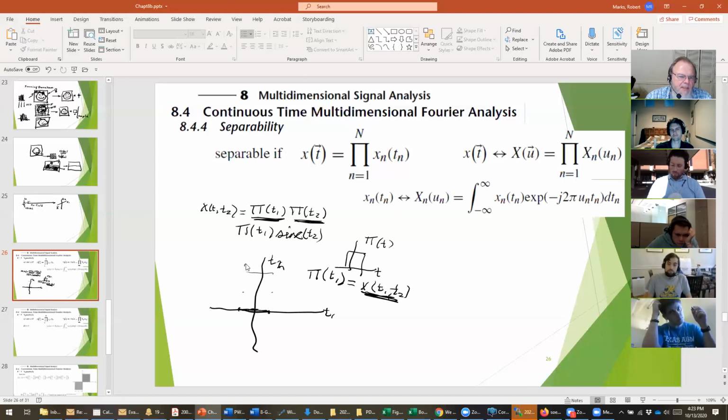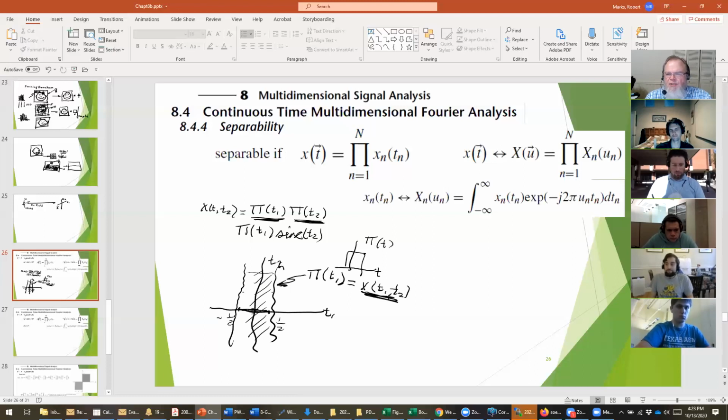And so it turns out to be a slab, if you will, going from -1/2 to 1/2 without the curly edges. But it's something which is 1 inside the slab and 0 outside the slab. That's how pi of t1 would be plotted in two dimensions. It's not a function of t2, because no matter where you go at t2, it's exactly the same.